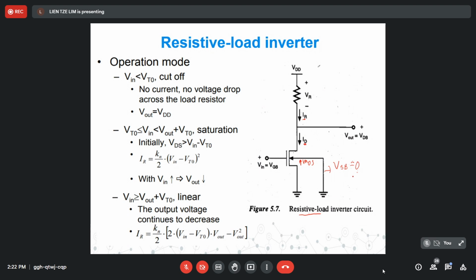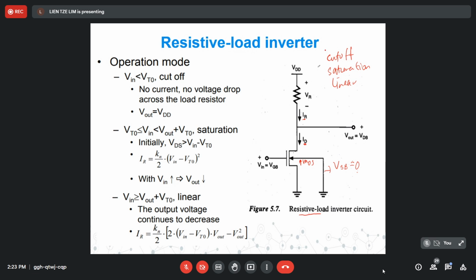So this circuit operates in 3 operating modes. The modes are cutoff, saturation, and linear. I will talk about them one by one.